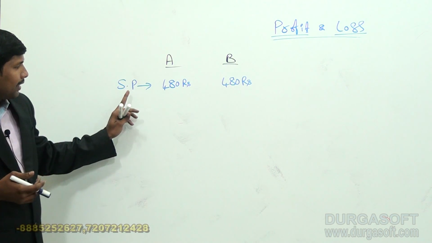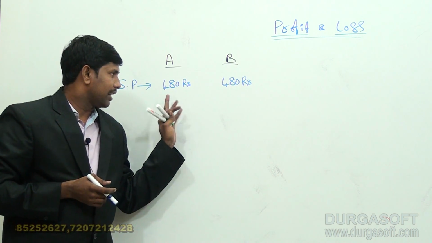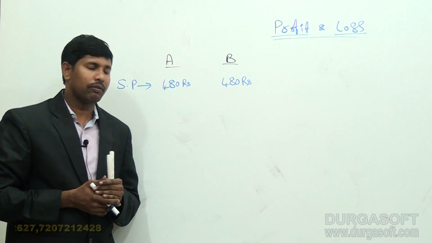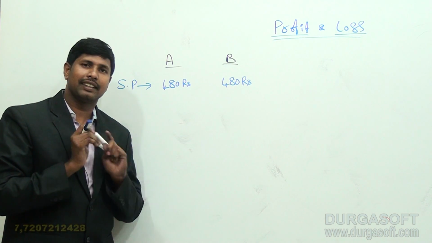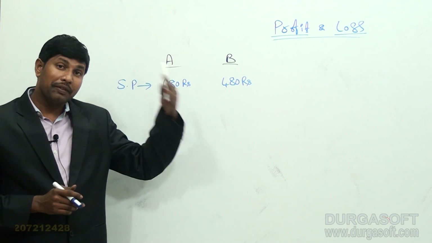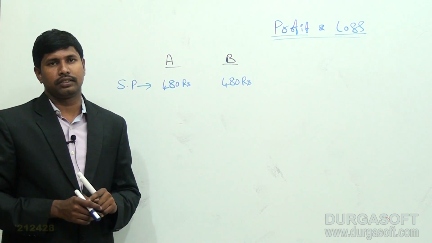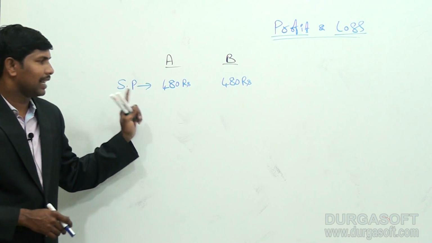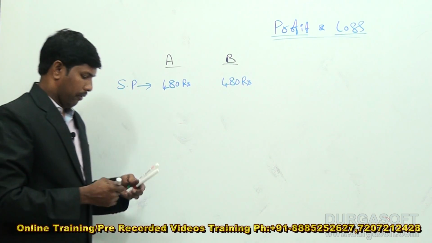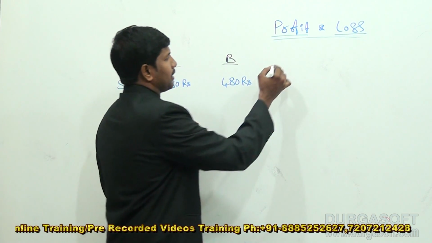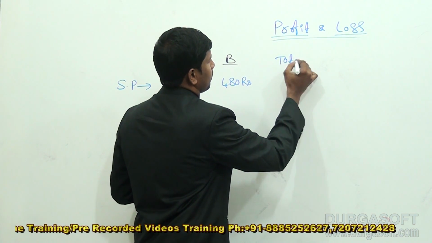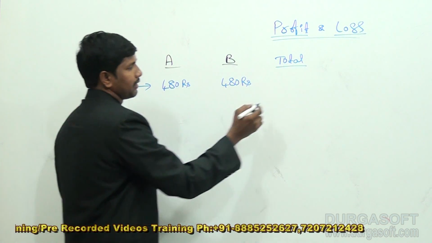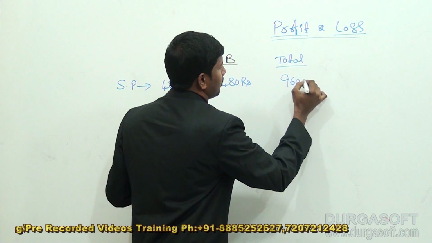So we sold two articles at the same price. In the previous case it was the cost price that was same, but in this case selling price is same. Now from this I can calculate the total selling price of two articles as 960 rupees.